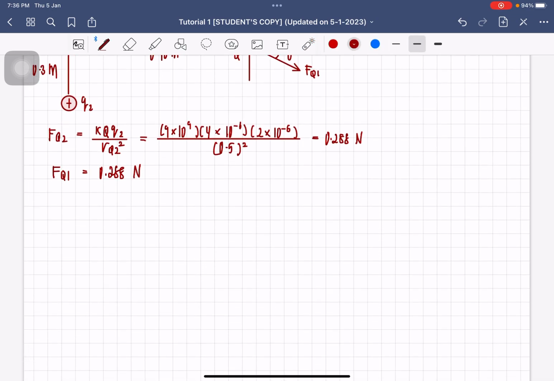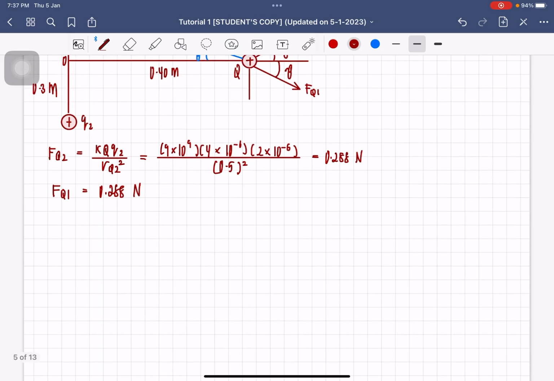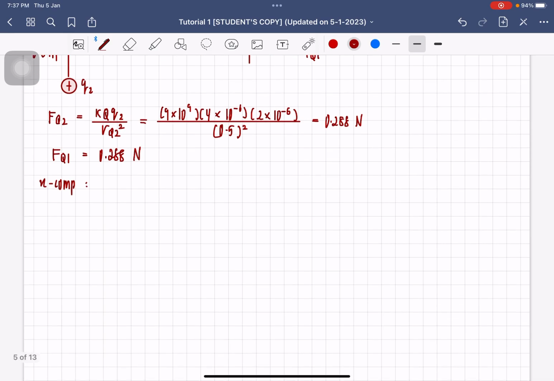Right, then what do we need to do? We need to resolve into components, x and y components. For the x component, this is going to be FQ2x plus FQ1x component.